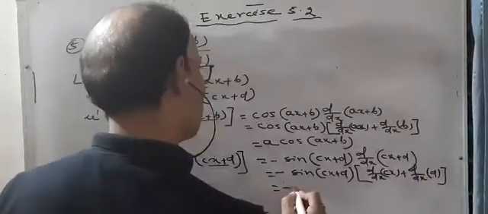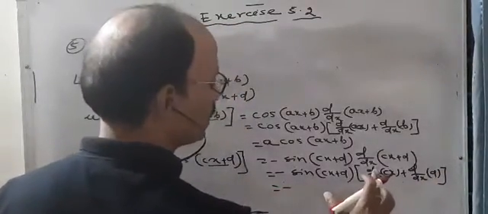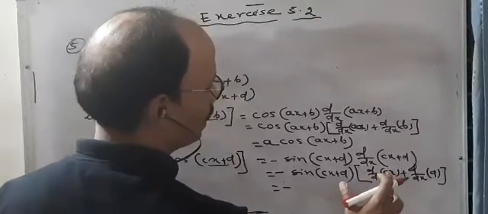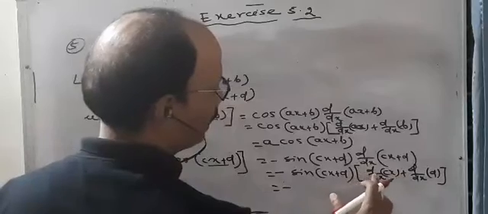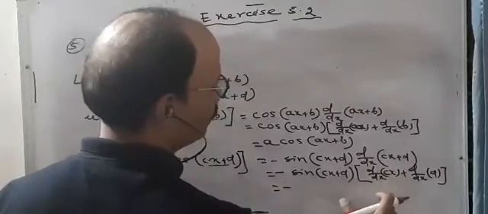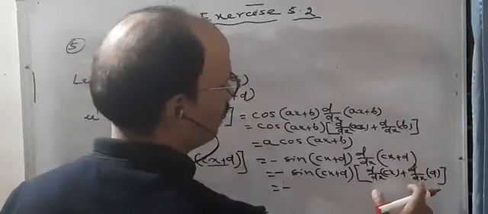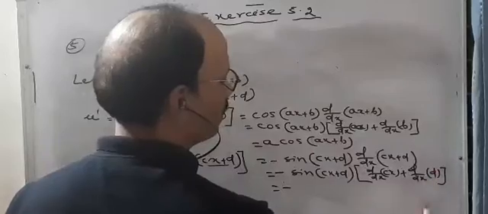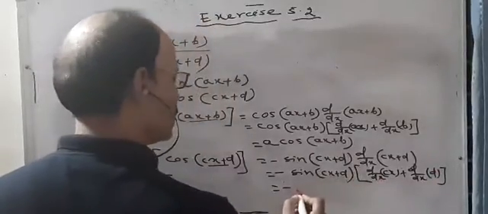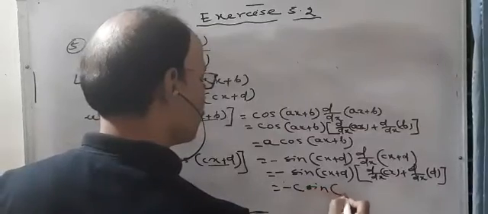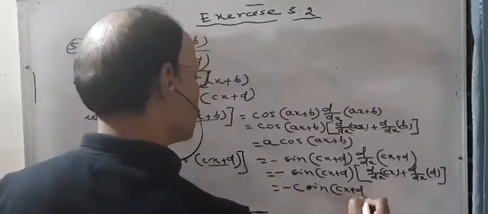Now it will be minus c. d dx of cx will be c, because dx upon dx is 1, and d dx of d will be 0 because d is a constant. So it will be minus c sin cx plus d.